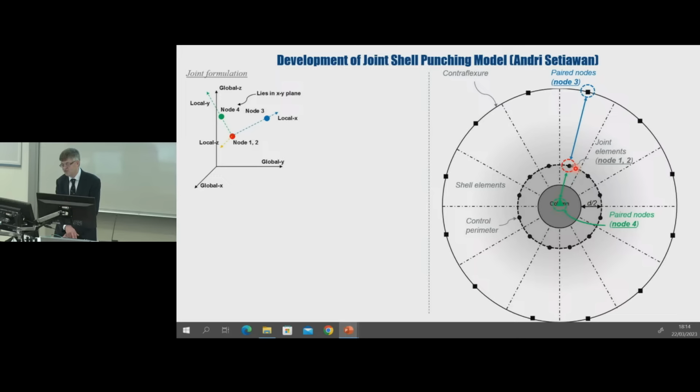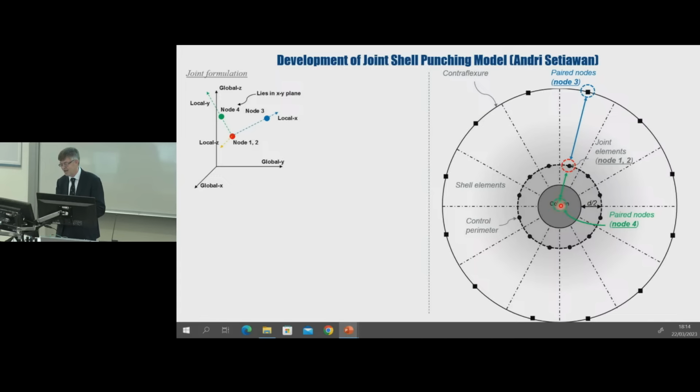To solve this problem, we made use of a rather clever joint formulation developed by Professor Izzadin. The joint elements have 4 nodes, of which nodes 1 and 2 are structural, so they're placed on the control perimeter. Nodes 3 and 4 are non-structural, and they're used to calculate the relative slab column rotation. Node 3 is placed on the line of radial contraflexure, and node 4 on the column chord just above the slab.